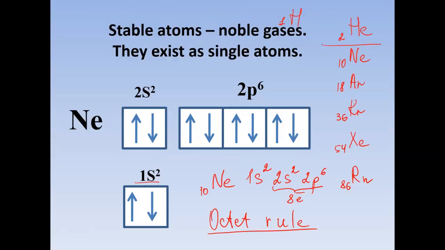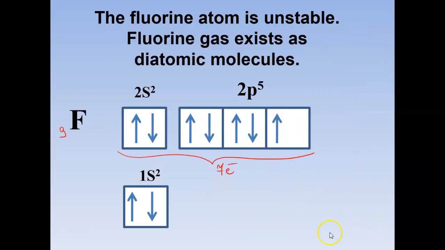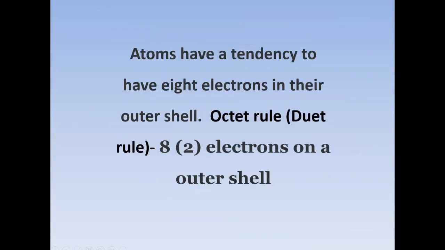And let's go back to the noble gas, neon. Its atoms are stable, and noble gases exist as single atoms. So atoms have a tendency to have 8 electrons in their outer shell. Octet rule or duet rule means that 8 or 2 electrons must be on an outer shell to make an atom stable.